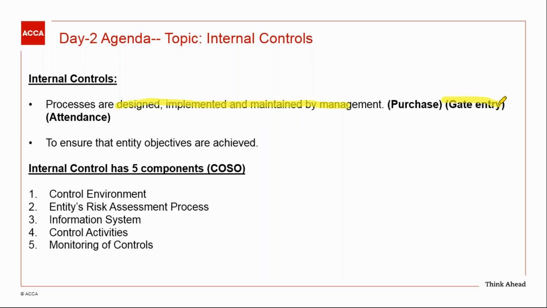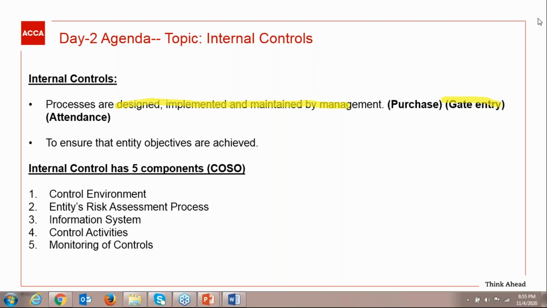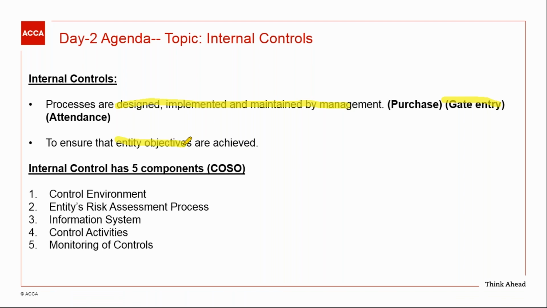The objective is to prevent unauthorized access to the organization. So this is the control objective. This is the entity's objective, that is, to prevent unauthorized persons from entering the organization.